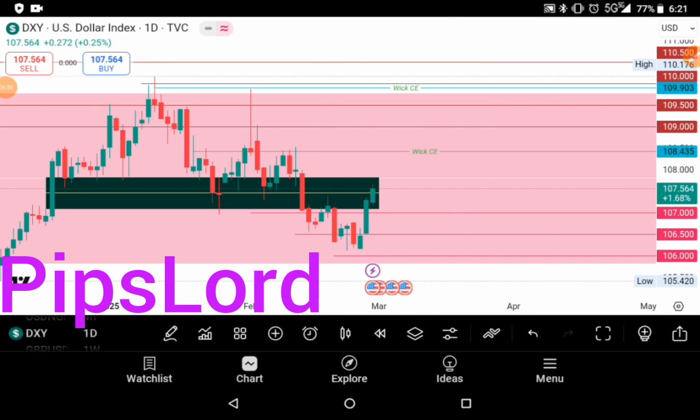But presently, I'm interested in the 106 big figure being taken, as long as it stays below the consequent encroachment of the CB of the monthly chart. But the moment the 108 big figure has been crossed and it sustains the market price, then I'll be changing to being bullish for the meantime.